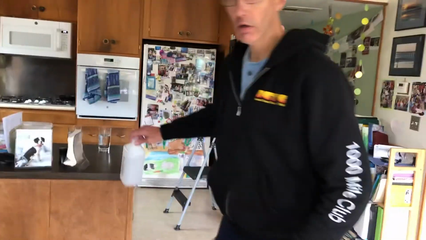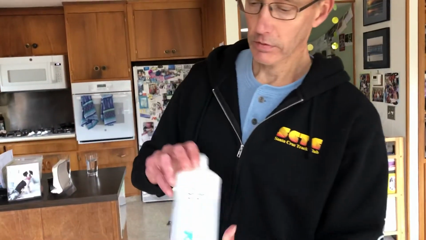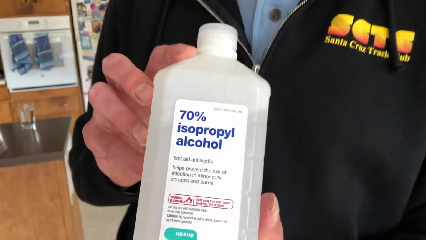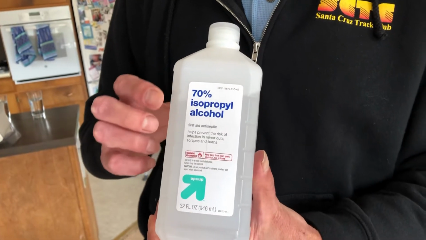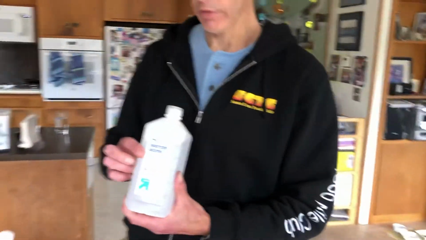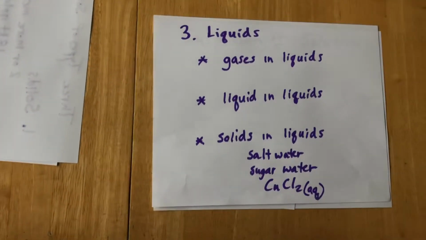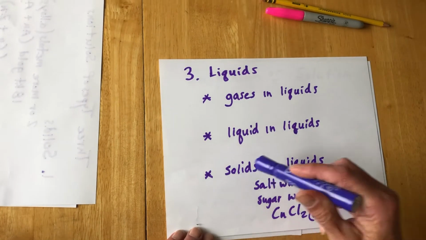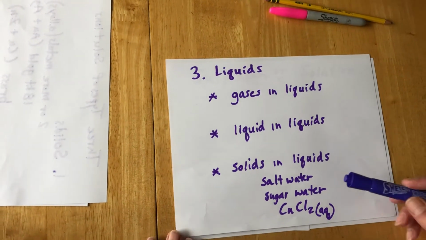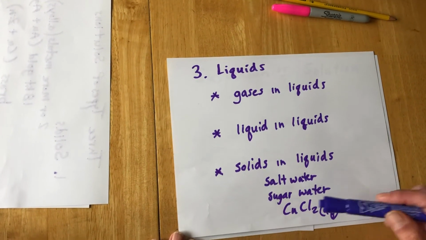Then there are liquids dissolved in liquids. And this is in your bathroom. This is alcohol dissolved in water. So it's a liquid in a liquid. But in chemistry, we mostly deal with solids dissolved in liquids. The things we already mentioned: salt water, sugar water, and copper chloride.